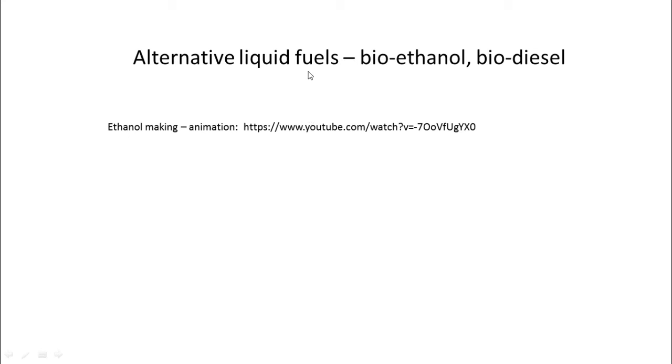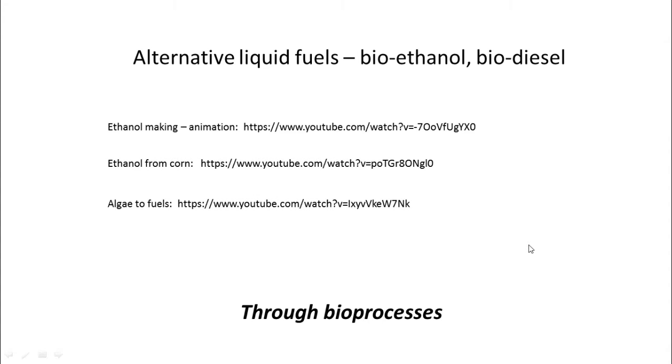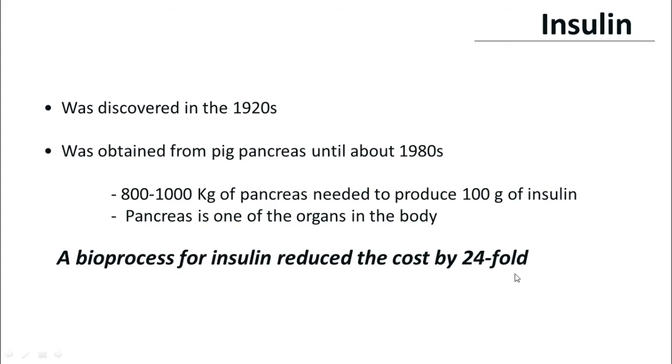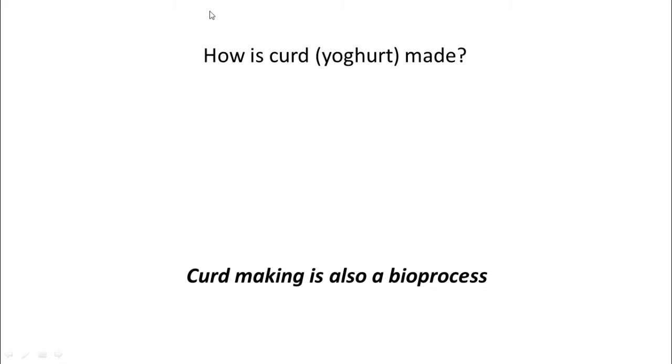Similarly, this is another example: alternative liquid fuels such as bioethanol and biodiesel. Also, bioreactors play a major role in them. Insulin, which is a drug to treat diabetes, is made through bioreactors, and even yogurt is made through bioreactors, a simple bioreactor at home.